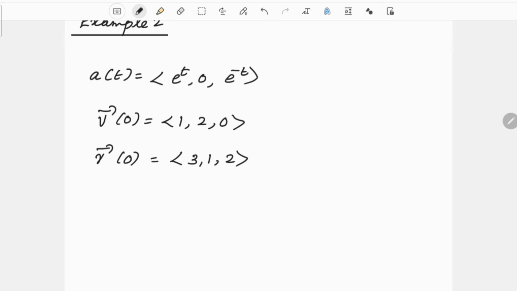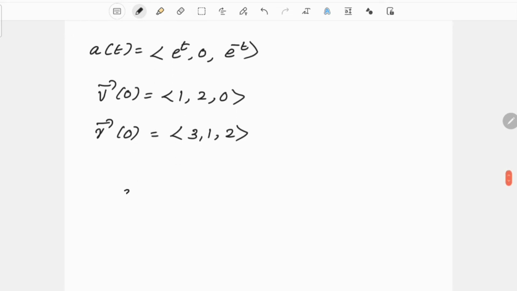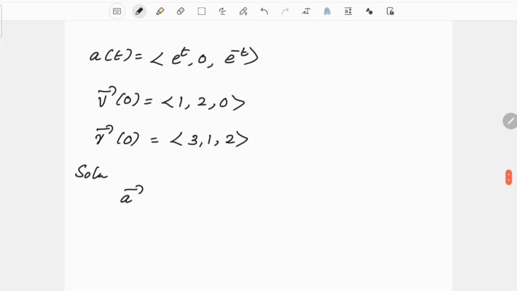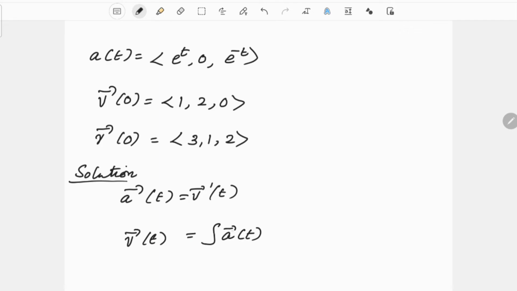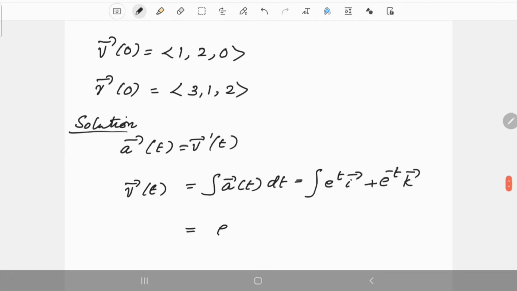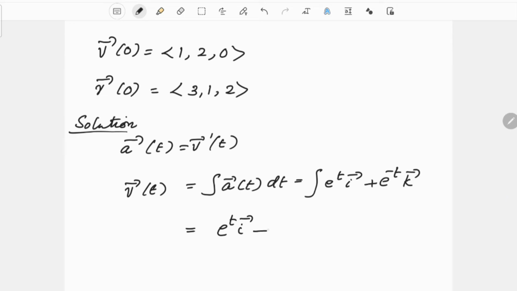Now we need to find the velocity, and from the fact that a(t) = v'(t), we have v(t) is equal to the integral of a(t) dt, which is the integral of e^t i + 0 j + e^(-t) k, and that is equal to e^t i - e^(-t) k + vector c.